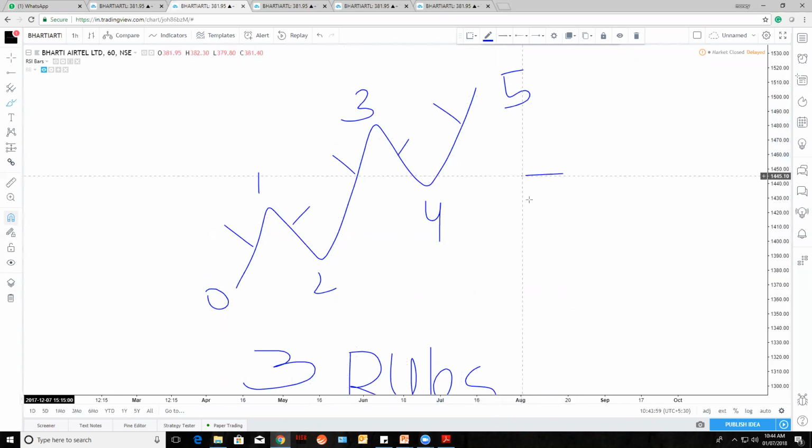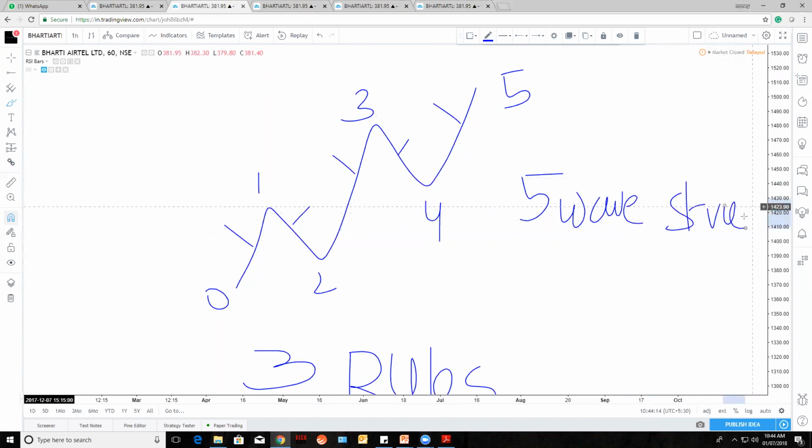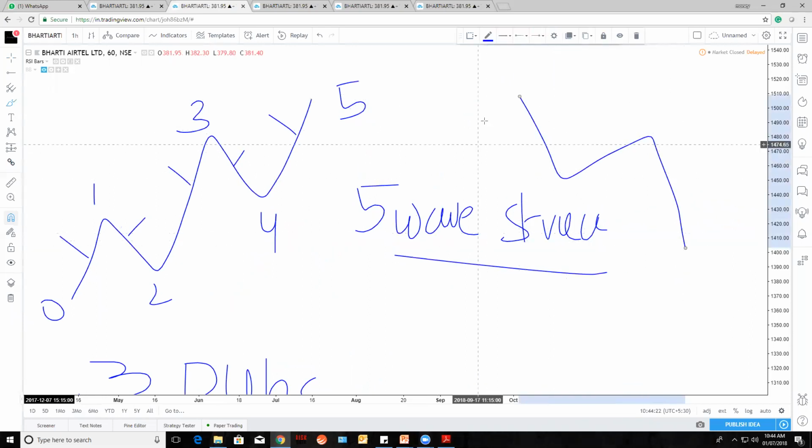We call this a 5-wave structure. And corrective waves are a 3-wave structure, that is A, B, and C.